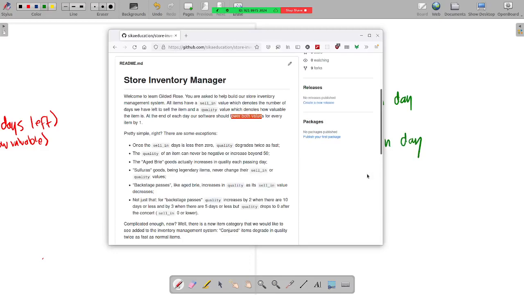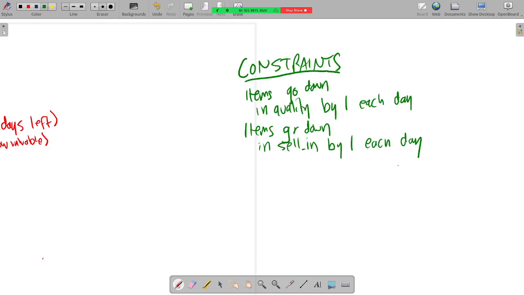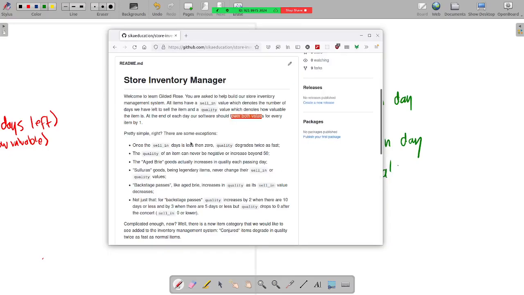Okay, and then we have some exceptions. If sell-in days are less than 0, quality degrades twice as fast. That's another constraint. So this is where we start doing some interpreting.